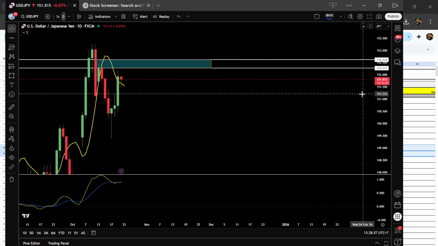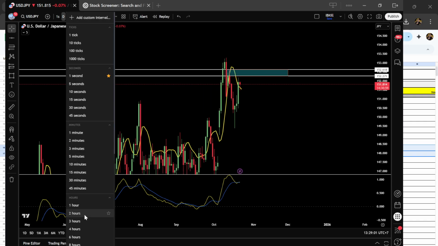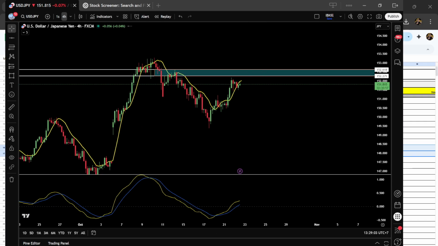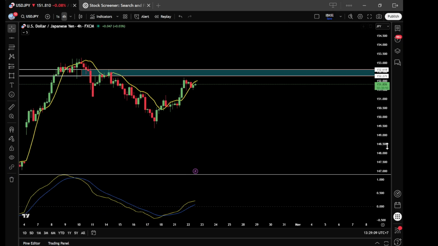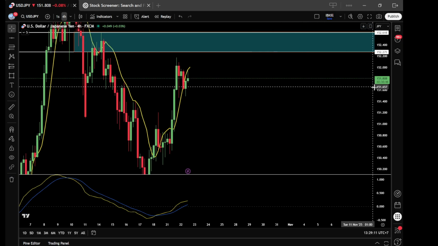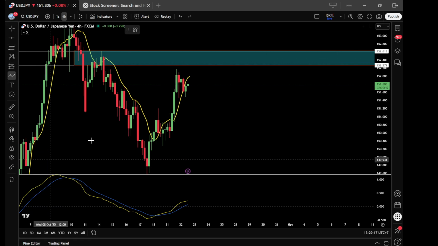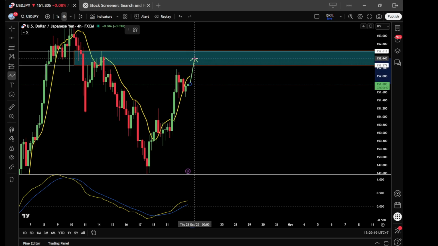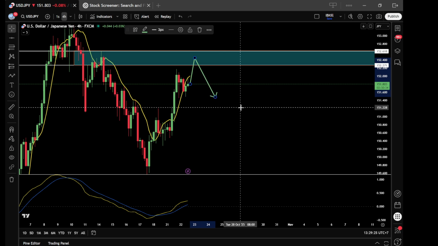On the daily chart, if we look at the 4-hour, 152,500, looking to sell it. Again, I just want to see the market pop up above yesterday's high into this zone, 152,500, then sell this on the way down for today.